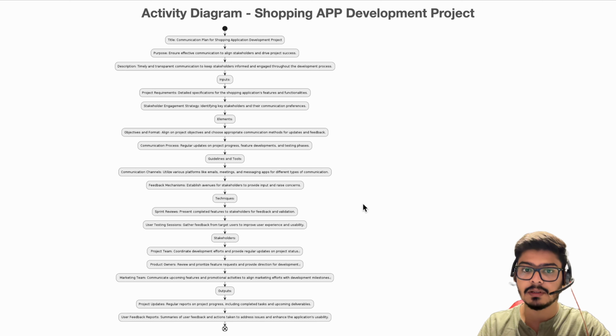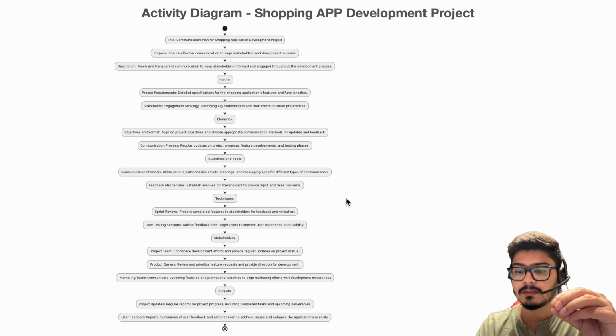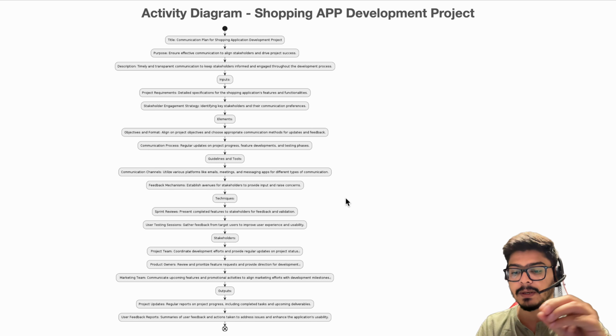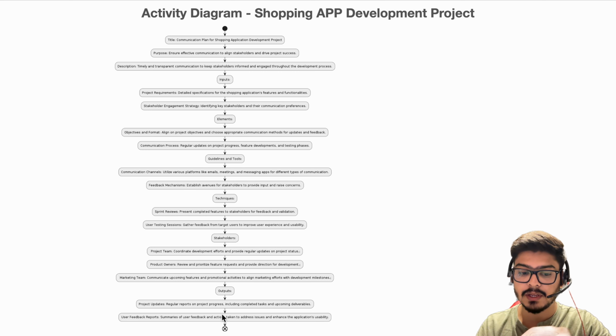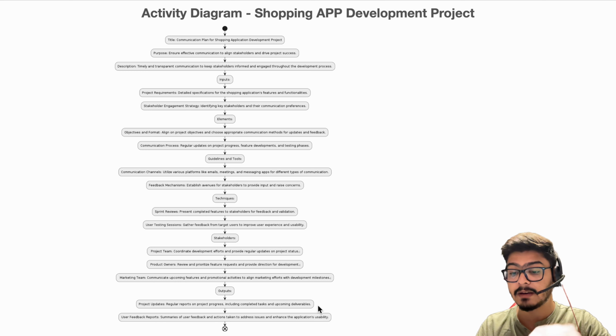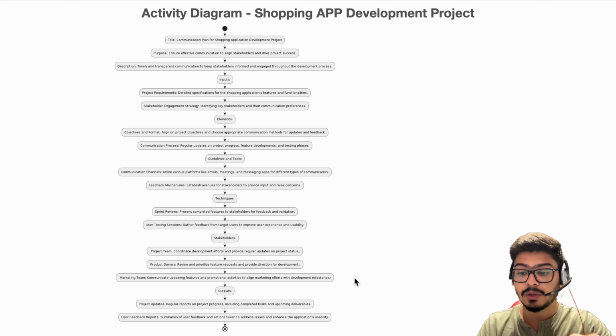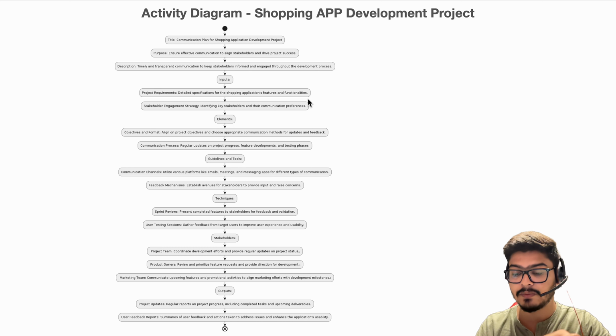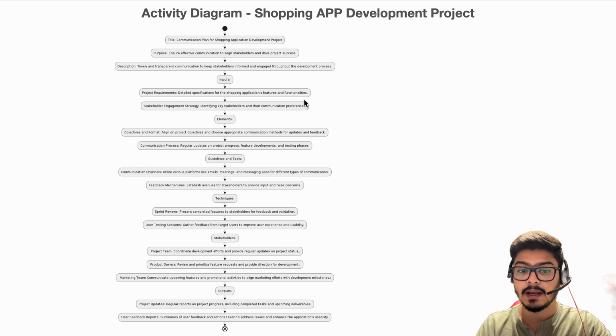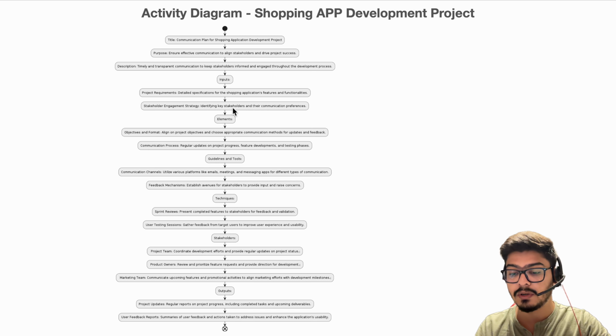In a similar fashion, if you are working as a BA in a shopping application development project, the main purpose of communicating business analysis information is to ensure that the project progress, completed tasks, and upcoming deliveries are being communicated. You need to do that once you have specifications for the features and functionality that you want to implement, and then you need to identify your stakeholders, who needs what kind of information.